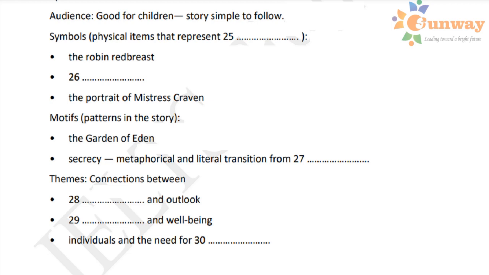No, motifs are a bit different. They don't have as direct a connection with something the way that a symbol does. Motifs are simply recurring elements of the story that support the mood. Are there any in this novel? Yes, two very important ones. The Garden of Eden is a motif. It comes up a few times in connection with the garden of the story. And then you've got the role that secrets play in the story.